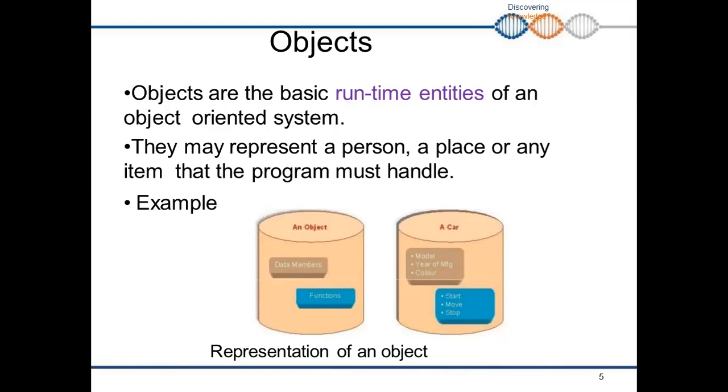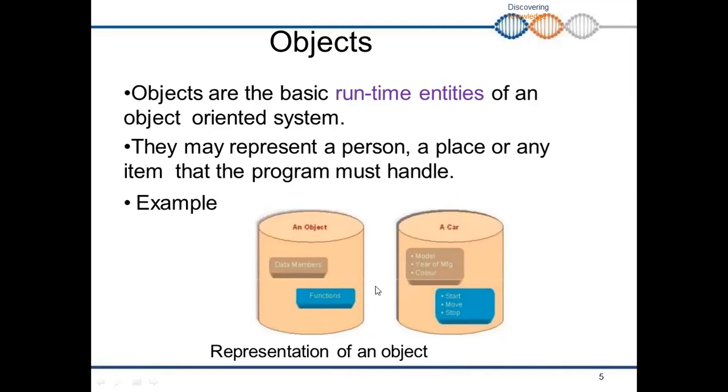So objects are the basic runtime entity of an object oriented system. They may represent a person, place, or item that the program must handle. As we studied about real world problems, objects can handle real world problems, meaning they can represent a person, place, and item that must be handled by the program.